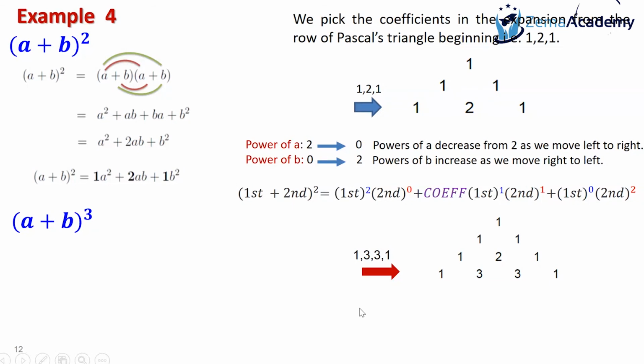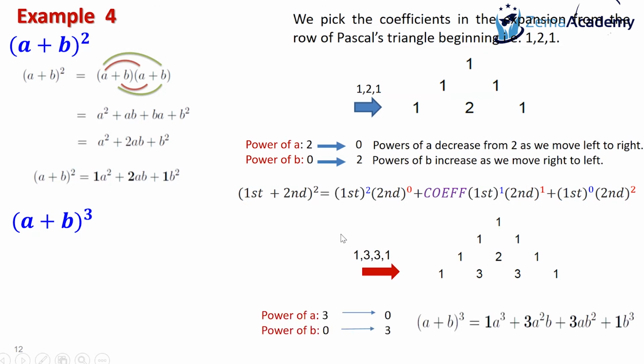My answer for this would be 1 times the first term cubed, second term to the power 0, plus coefficient 3 times first term squared, second term to the power 1, plus 3 times first term to the power 1 and second term squared, plus the second term to the power cube.